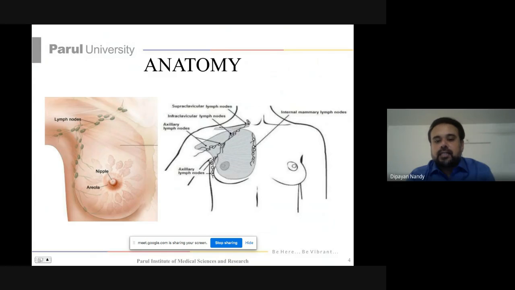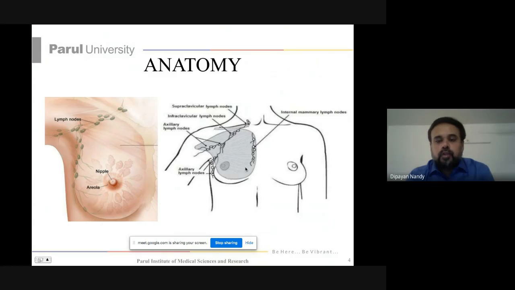Beyond that, there is an infraclavicular group and a supraclavicular group of lymph nodes. Basically, beyond the clavicle, which can be palpated from above the clavicle, these are called the supraclavicular lymph nodes. But as you can see, they are nothing but the continuation of the same chain of lymph nodes, starting in the axilla and going all the way up to the neck in the supraclavicular region.